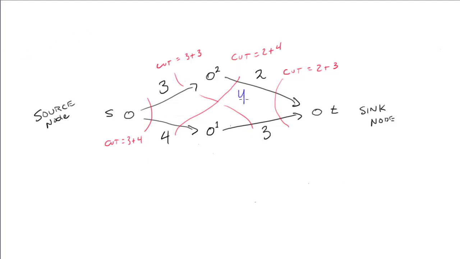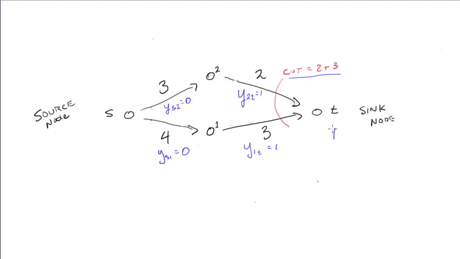The setup for the cut is a little more complicated. We're going to associate variables with each edge, and we'd like them to be 0-1 toggles, so that when I multiply the y by the capacity, I'll get my cut value.